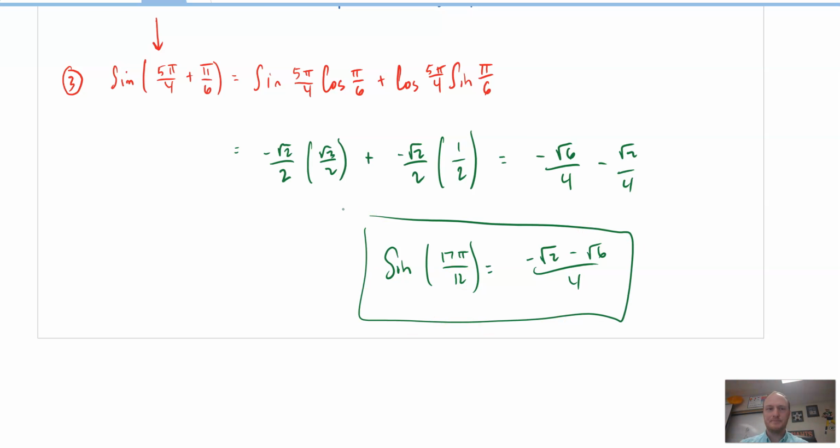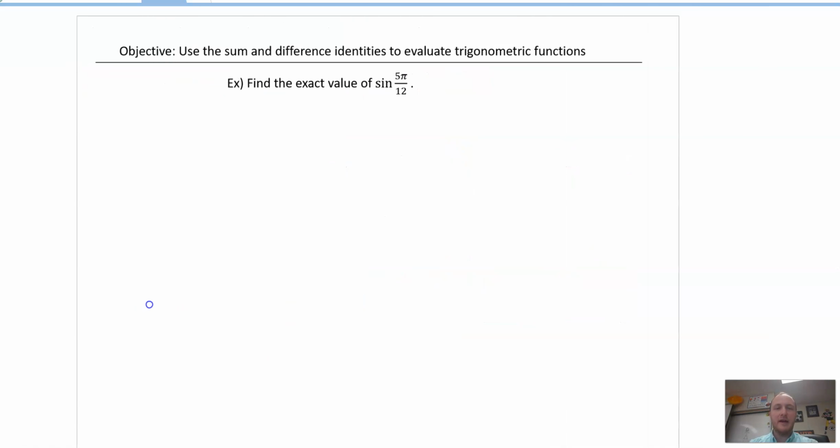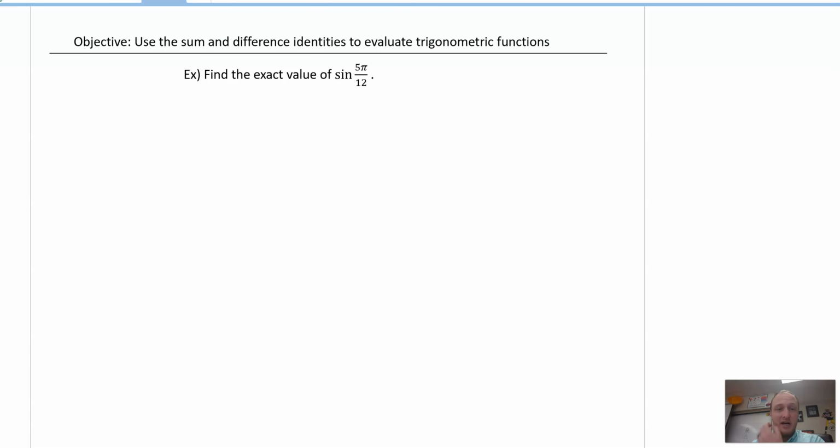All right. So here is a practice problem. Please go ahead and, oh, sorry, this one's not a practice problem. This is another example. We want to find sine of 5 pi over 12. Okay. So we have 5 pi over 12.